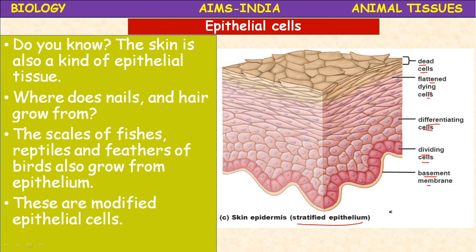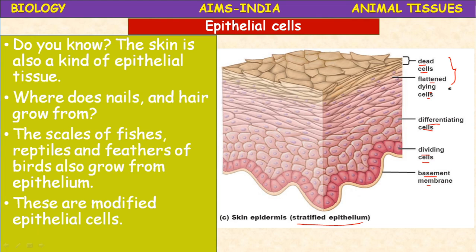It may be keratinized. Keratinized means having dead cells, as in the skin epidermis. So this is the outer epidermis layer which is keratinized, made of the protein keratin. Okay, and the second type is non-keratinized.